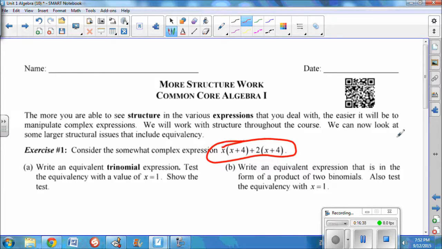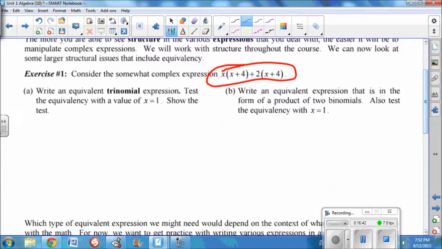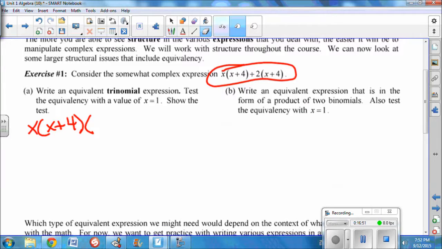So I'm going to go up here just to give me some space to write. So x plus 4, plus 2 times x plus 4.